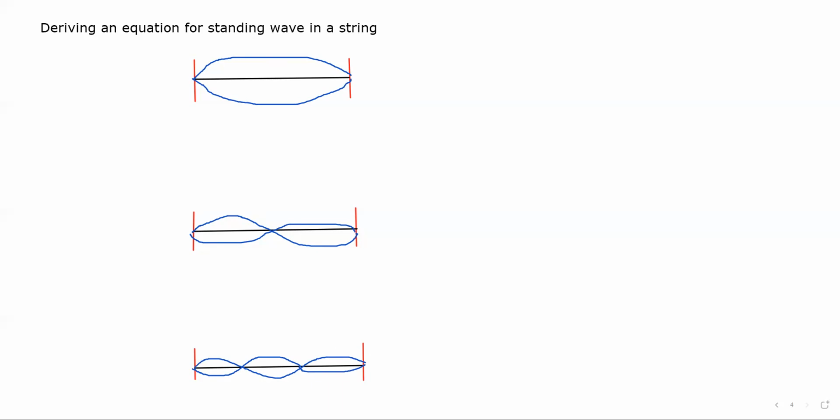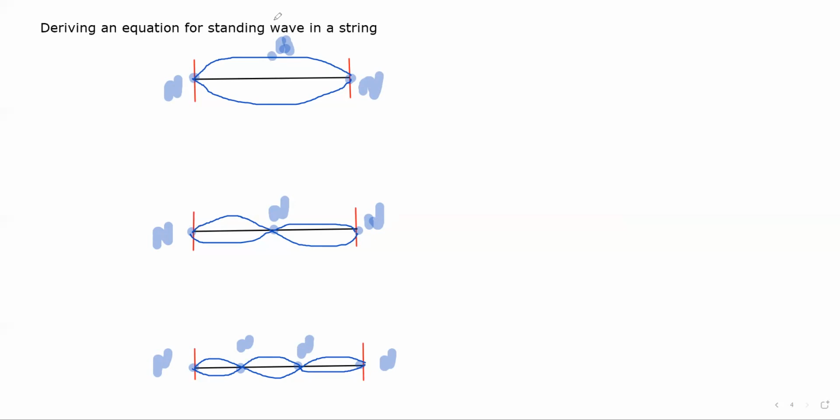Here we have a node and antinode, then here we have a node and node, then node and node.